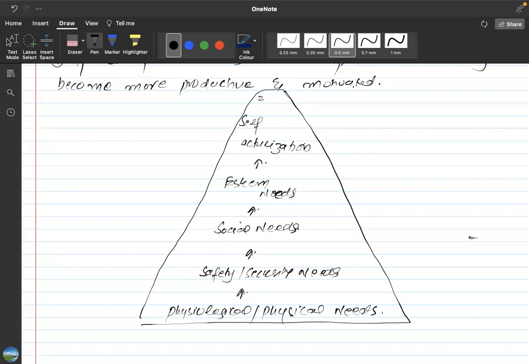What are the physiological needs? Physiological needs are food, shelter, clothing kind of stuff. This is the first set of needs. Water is also included in that. This is the first set of needs because of which we start working. Initially, when we do jobs and start working, we want to fulfill these needs.